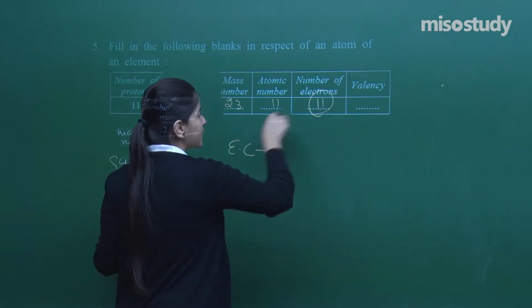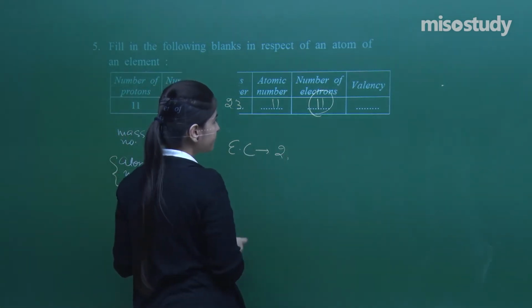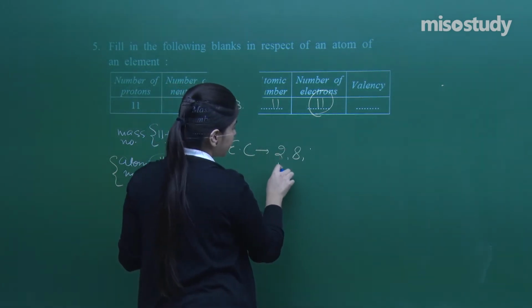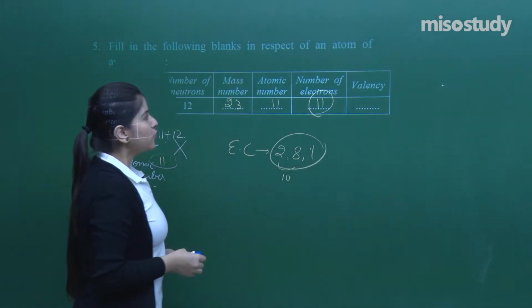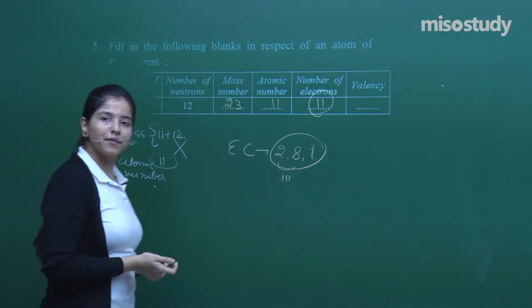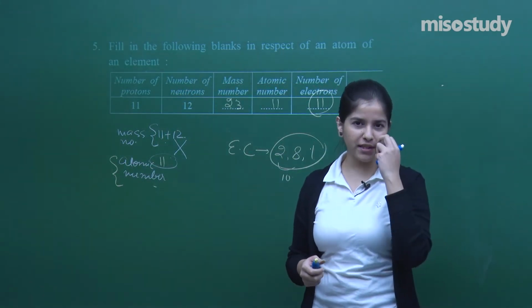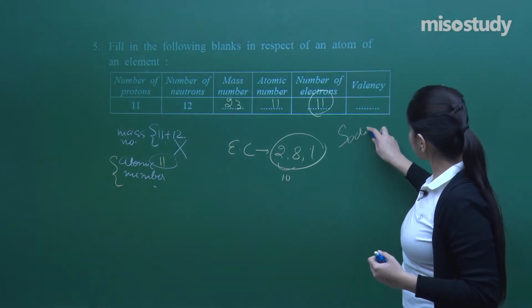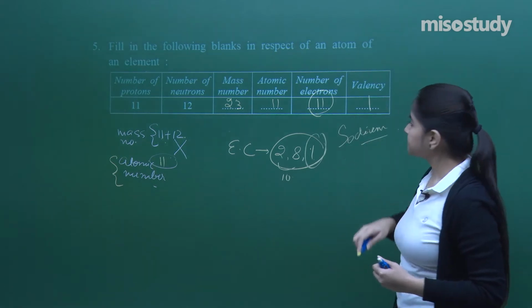That is, I need to arrange these electrons in the K, L, M shells. 2, 8, that means total of 10 plus 1, so 2, 8, 1. Can you guess what this element actually is? 2, 8, 1. Which element has this electronic configuration? It's sodium, yes. Sodium it is. And the valency will be 1.